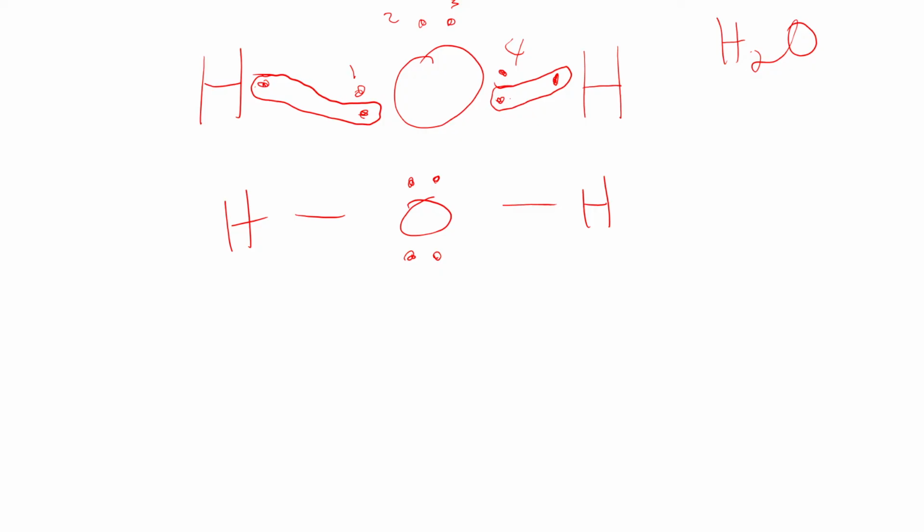Now, to understand how we even get this weird structure, the geometry of water, we have to use the VSEPR theory. The valence shell electrons have high repulsions with the bonds. But again, we have to look at the molecule itself in a 3D structure.